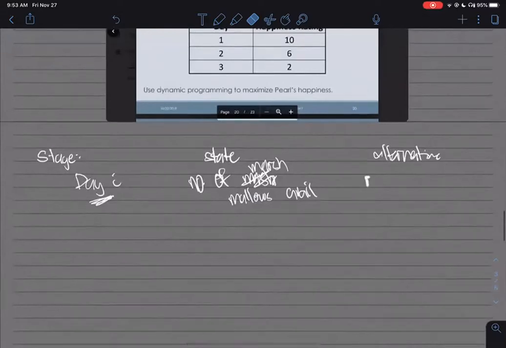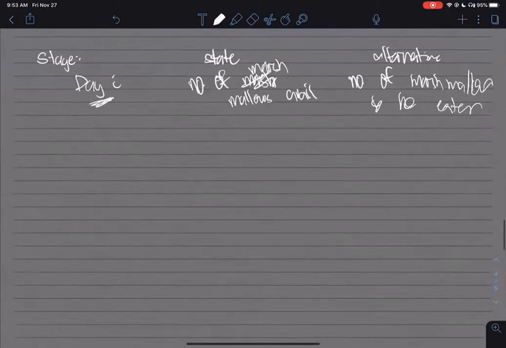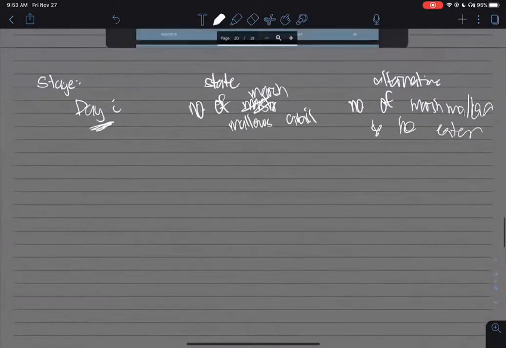Your alternative is number of marshmallows to be eaten. Okay. So let's go to stage 3.